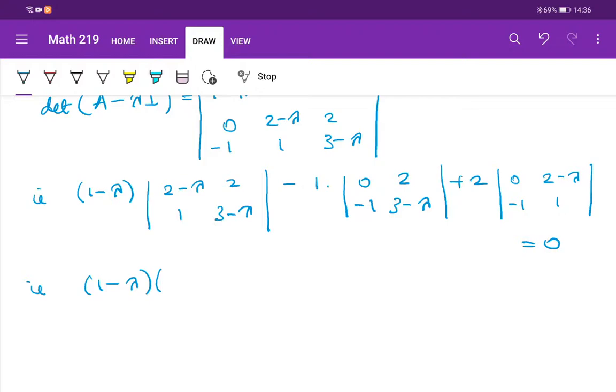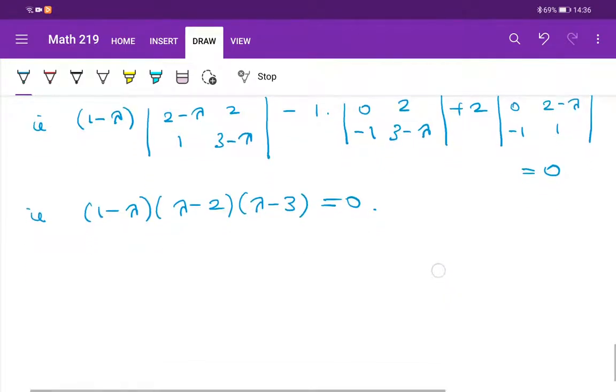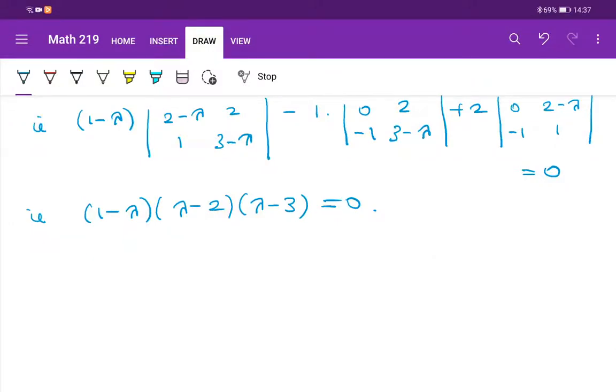You get lambda times 1 minus lambda, lambda minus 2, and lambda minus 3 is equal to 0. Okay, it's a cubic equation. You get 3 solutions, so they're all distinct here. So we get lambda 1 is equal to 1, lambda 2 equals 2, and lambda 3 is equal to 3.